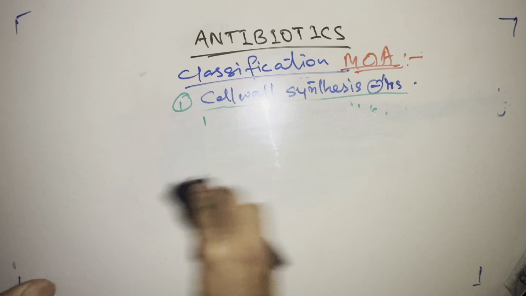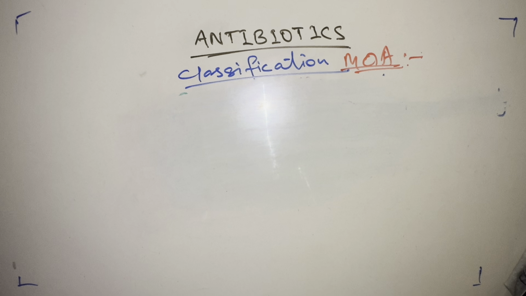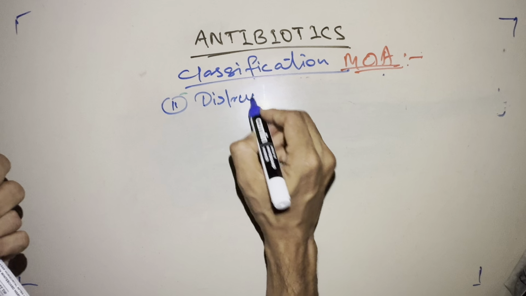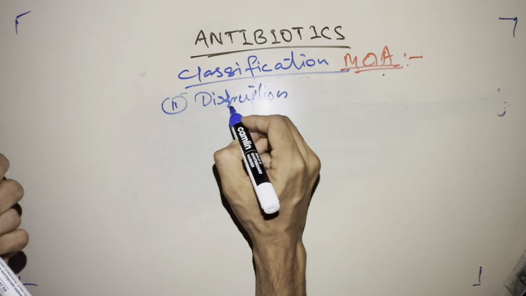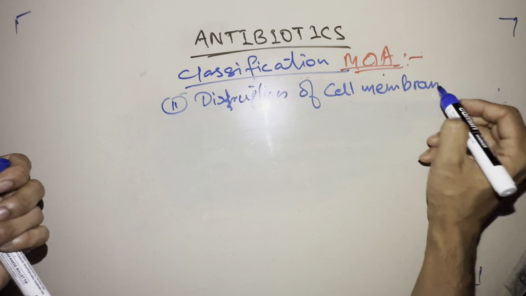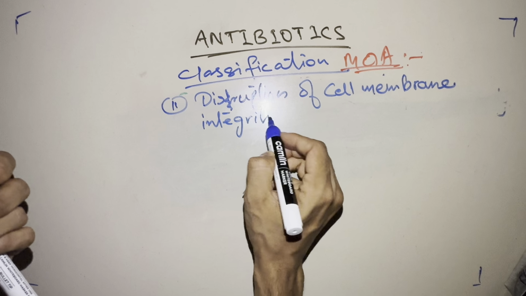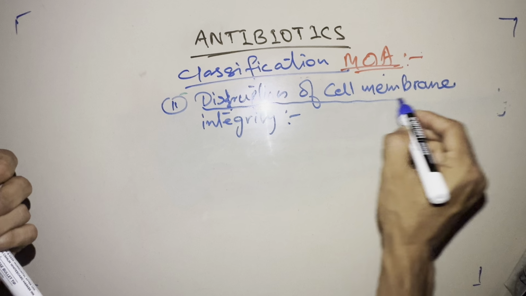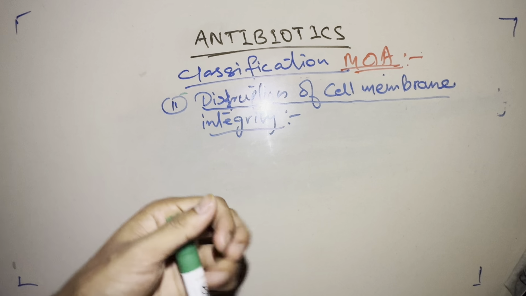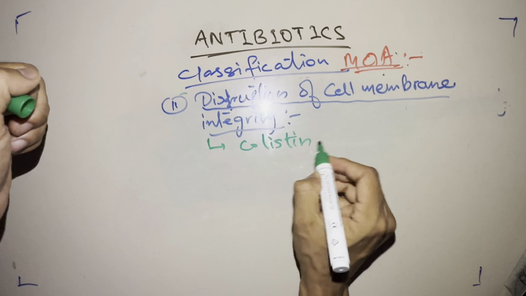Antibiotics which show disruption of cell membrane integrity are, number one, colistin.